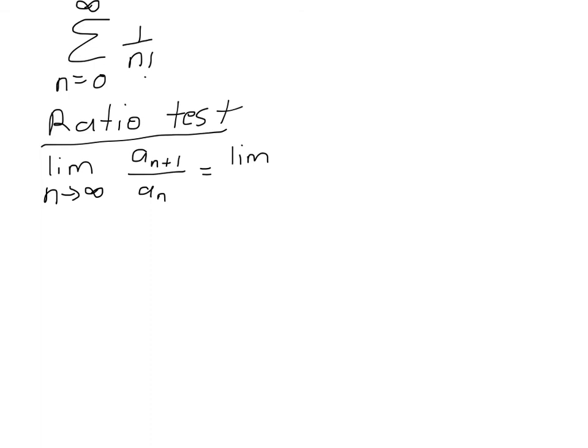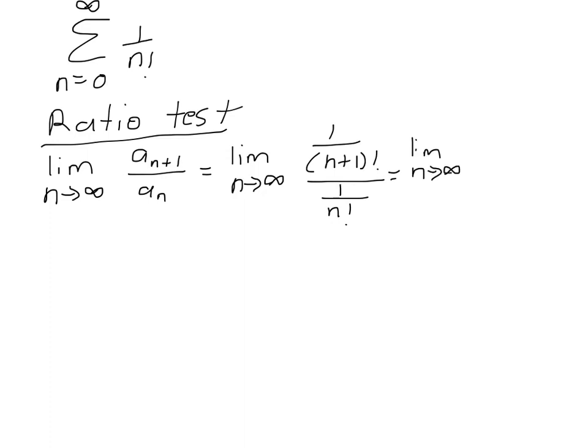So we're going to evaluate the limit as n goes to infinity of a of n plus 1, which will be 1 over n plus 1 factorial, over a of n, which is 1 over n factorial. And now I'm just going to simplify the complex fraction. And I wind up with n factorial over n plus 1 factorial, the limit as n goes to infinity of that.